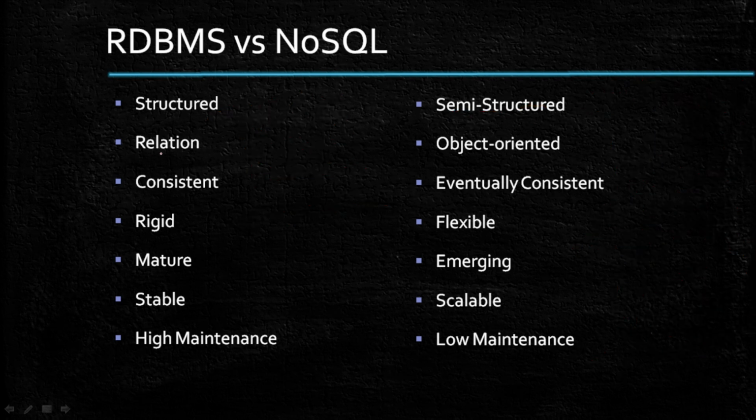The next point is relation, and NoSQL supports object-oriented. What is a relation? Just as we discussed the employee: employee has the ID for department, and we have another table like department. Employee's record has department ID, and it refers to the department table.